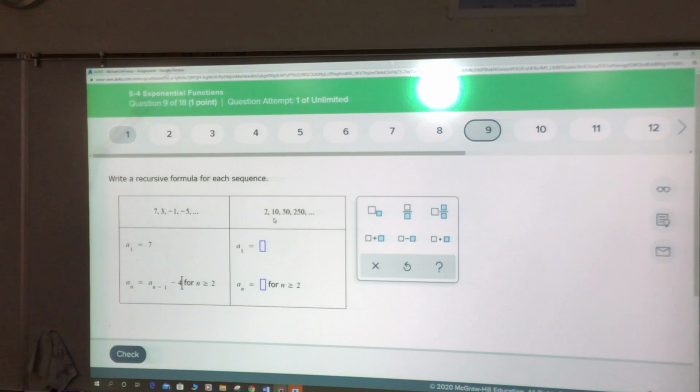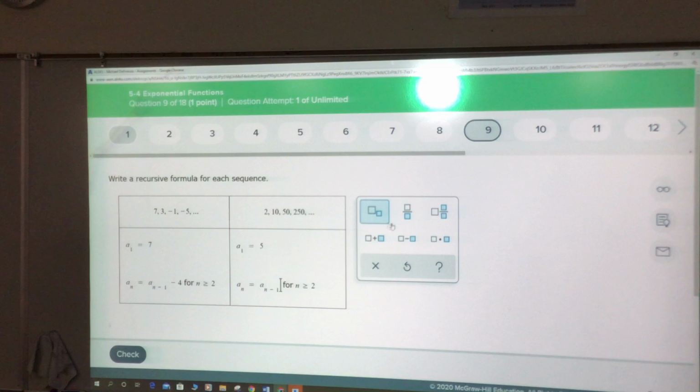So over here we're timesing by 5 each time. The first term is 5. And a of n equals a sub n. See how that's a little sub note there? N minus 1. It's always the one before it that you're talking about. And then use your arrow to get out of the bottom.